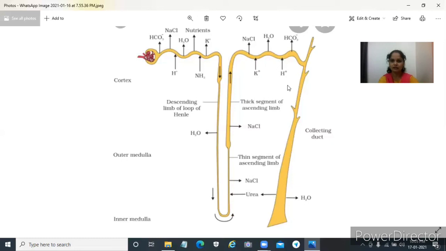This tubular secretion mode of excretion is found only in marine bony fishes as well as in desert amphibians. So in this way we completed the mechanism of urine formation. It consists of three steps: ultrafiltration, second is tubular or selective reabsorption, and third is tubular secretion, that is augmentation.